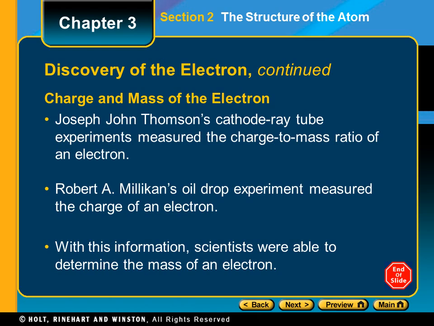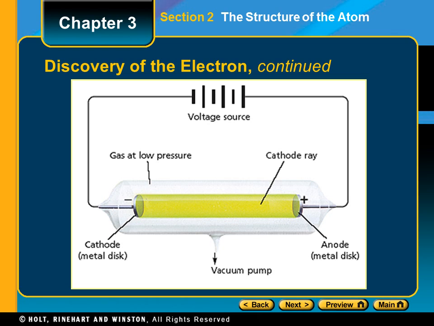Scientists were able to take the experimental data from all of that work and determine the mass of an electron. This diagram here shows you the cathode ray coming out of the cathode tube that would have had the negatively charged particles that were identified as electrons.